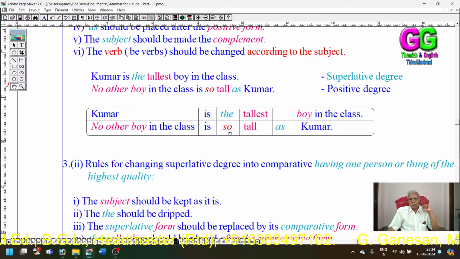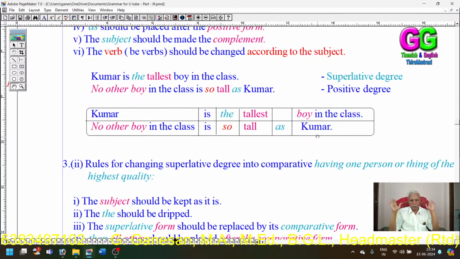The superlative form tallest has been replaced by the positive form tall. Then after the positive form, the positive scale as has been placed here. Sixthly, the subject has been made the complement.